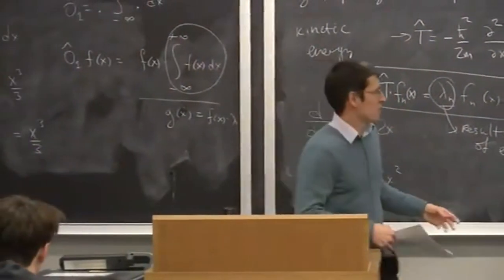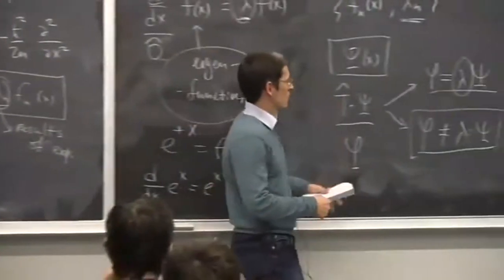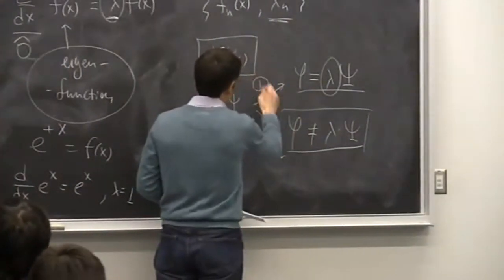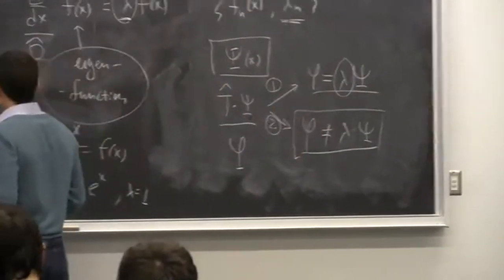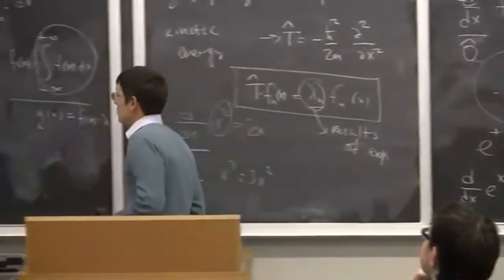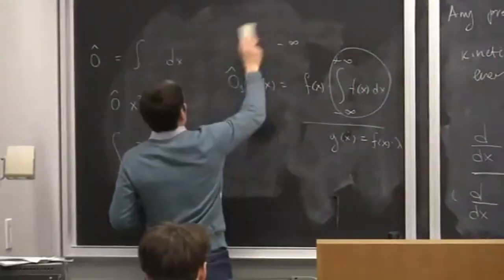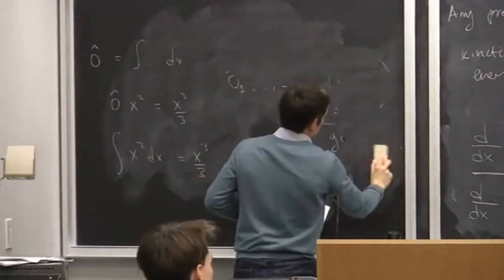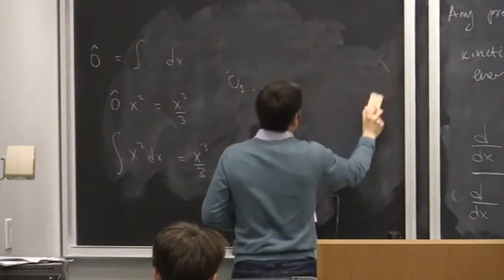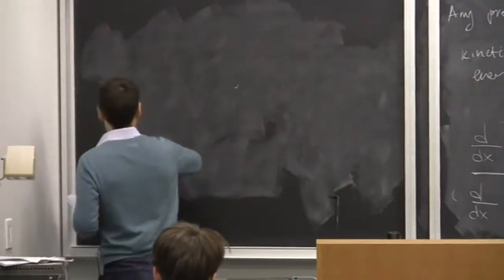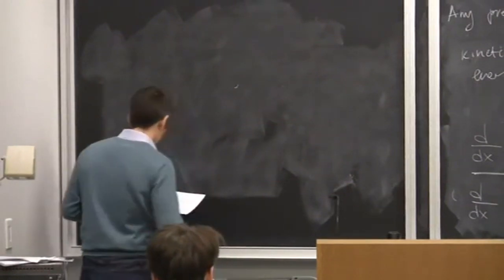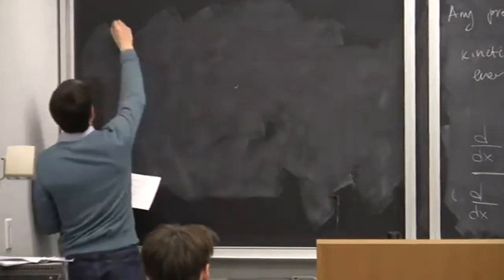Now let's first consider the first case, number 1. In case number 1, we have our function, the system, as an eigenfunction of the operator. So let's see an example of that.